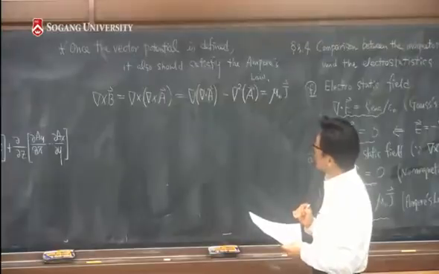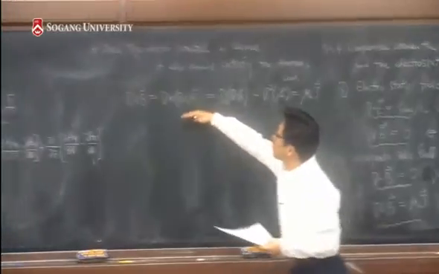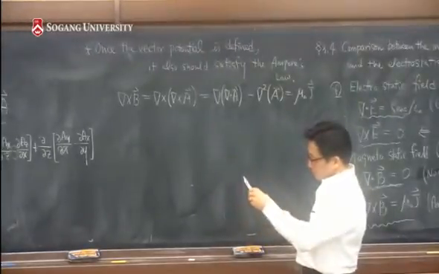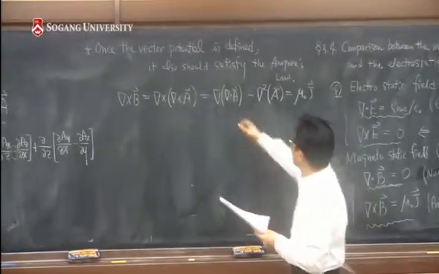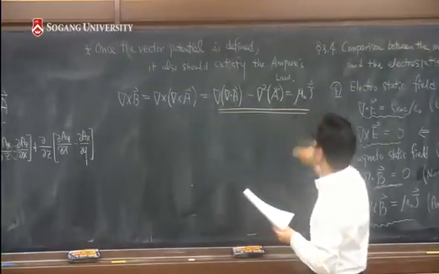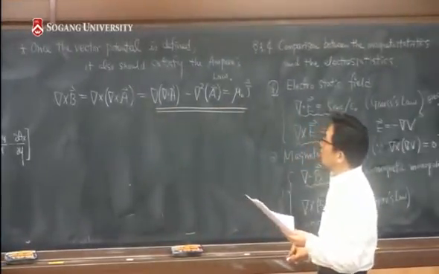And if you analyze this, you end up with this, and the vector potential A is meant to satisfy this equation.